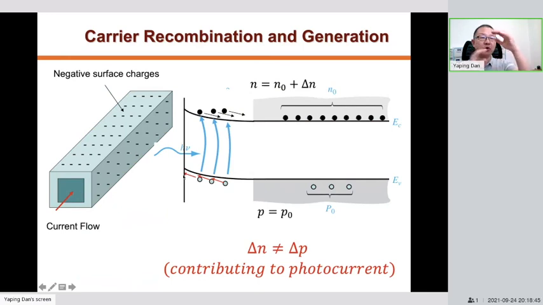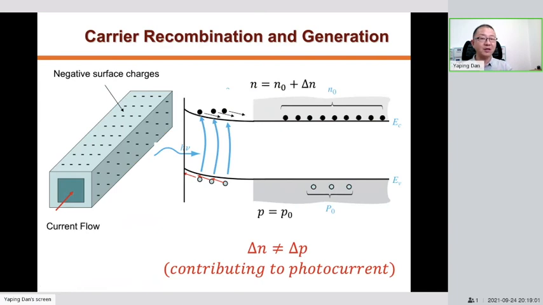They create electron-hole separation. So you will have a lot of electrons, and a lot of holes accumulated near the surface.